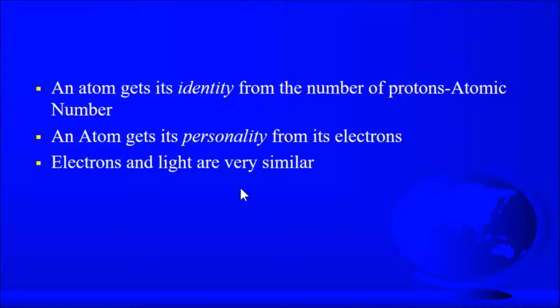In order to understand this, we have to understand electrons. But here's the problem. Most of us don't understand electrons, and I'm one of them. Electrons. We don't get them. First of all, we're not absolutely sure they exist. Second of all, if they do exist, we don't know why they act the way they do.